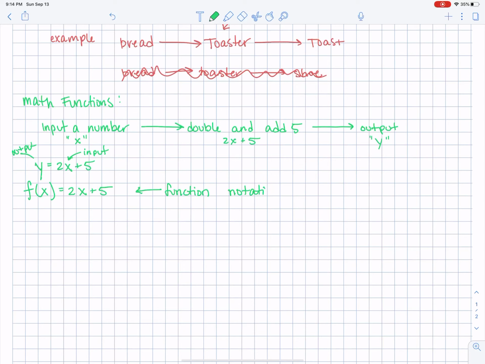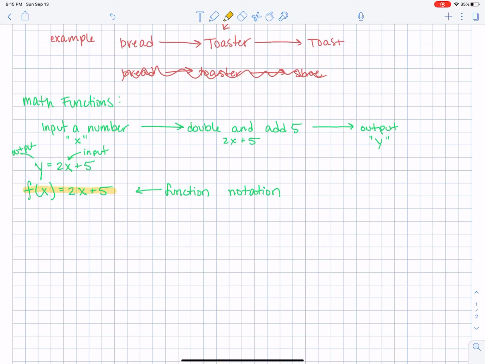All you do in function notation is replace y with f of x. I'm going to keep saying that, f of x, because it's not f times x, it's f of x.